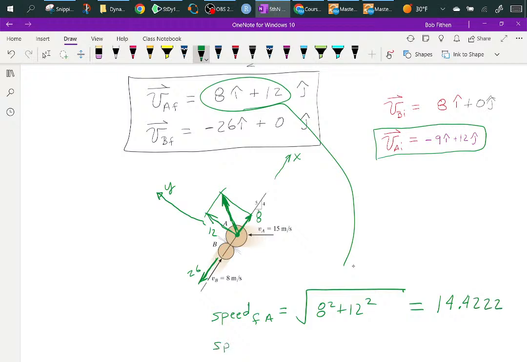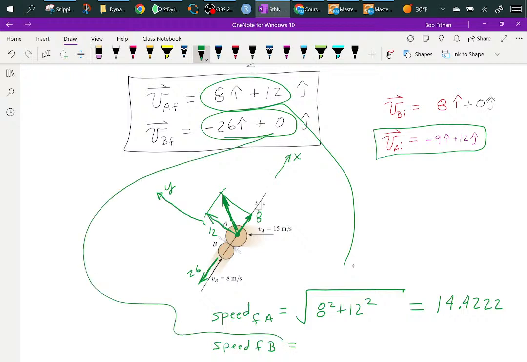And the speed final of B is simply, if you want to put it in there, 26 squared plus 0 squared, which is equal to 26.